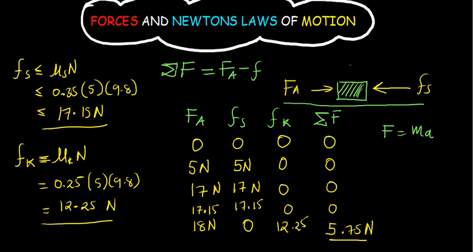In this case it is 5.75, and this is going to be equal to the mass of this object. We saw this is a 5 kg object multiplied by the acceleration. Therefore the acceleration is going to be 5.75 divided by 5. So this object is going to be moving at an acceleration of 1.15 meters per second squared. So this is how you make these operations when it comes to friction forces.